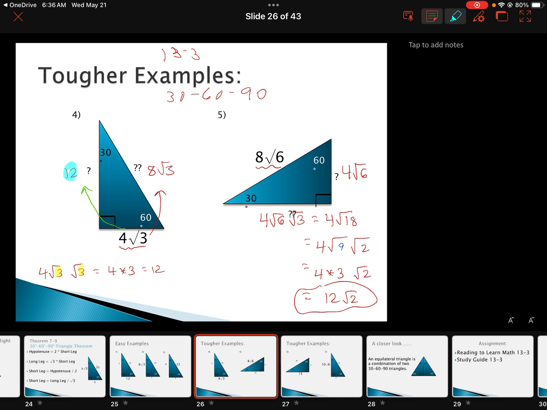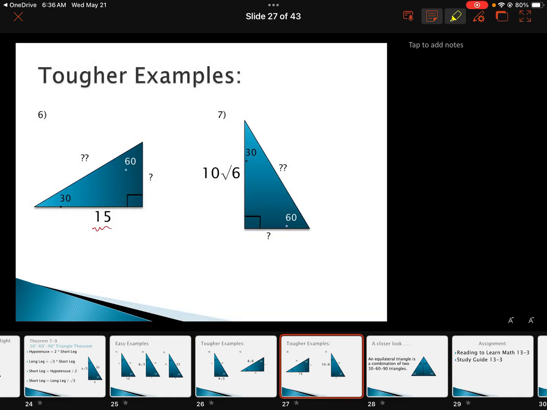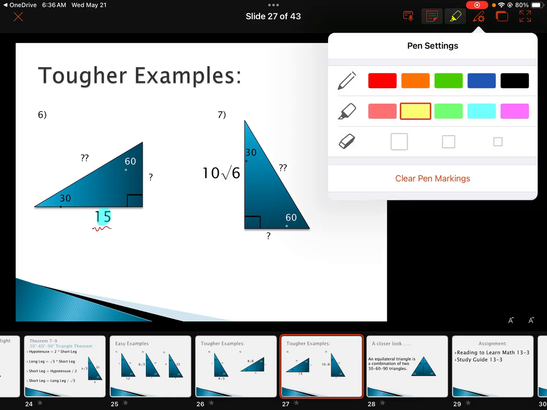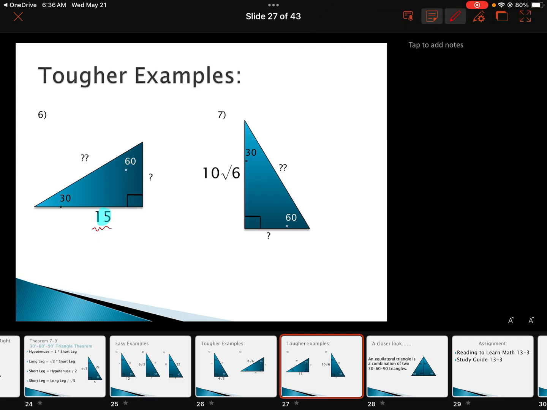Look at the short leg now. If your long leg is 12, your short leg is going to be 4 square roots of 3. If your long leg is 15, your short leg is going to be 5 square roots of 3.